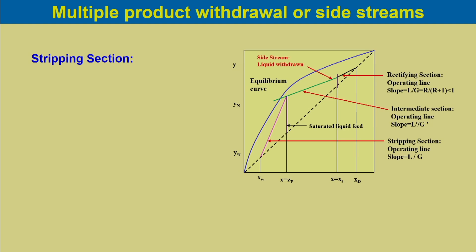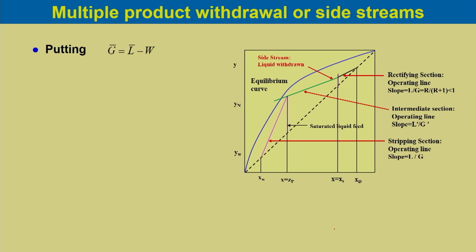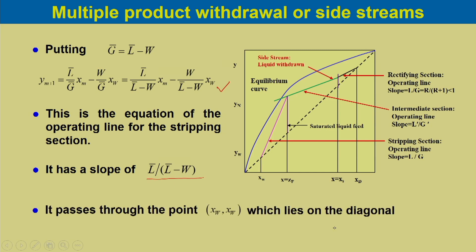Now, if we consider the stripping section with the constant molar overflow assumption, the material balance for component A over an envelope, we can write L bar into x m would be equal to G bar y m plus 1 plus W x W. Putting G bar equal to L bar minus W from the overall material balance in the stripping section, we can write y m plus 1 would be equal to L bar by L bar minus W into x m minus W by L bar minus W into x W. So, this is the stripping section operating line equation, and it has slope L bar by L bar minus W as usual.